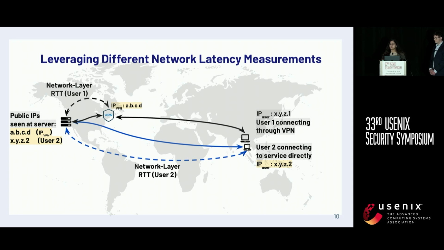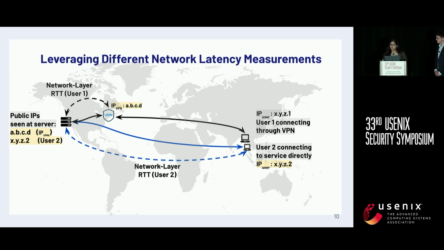Now, apart from this, the service provider can also send out network layer measurements towards the public IP that they see contacting them. So in this case, user 1's public IP would be their VPN server IP, but in user 2's case, that would be the public IP that's their router IP or their NAT, which are both going to be very close to them.